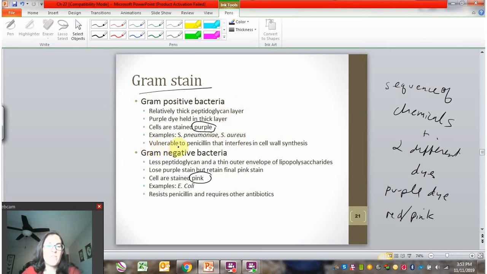Generally, the gram-positive bacteria, unless they're resistant, are vulnerable to the penicillin class drugs. So penicillin was our first and probably most famous antibiotic. Its relatives include things like ampicillin or amoxicillin. Any of them that have that ending are related to it. And the reason they work on gram-positive bacteria is because they interfere with the production of peptidoglycan.